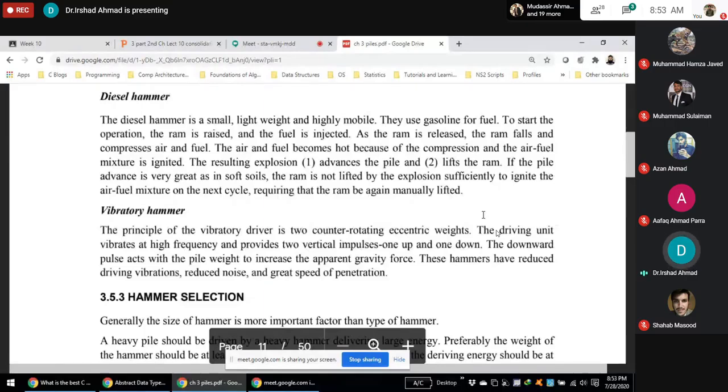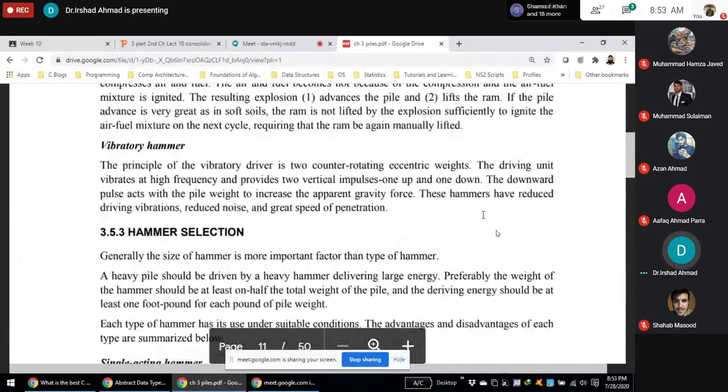No reaction is offered to the hammer to lift itself up. So the operation ceases, stops, and you have to manually start again. You have to manually start over and over. So you have to have good experience, and you should know the soil profile before using a diesel hammer.